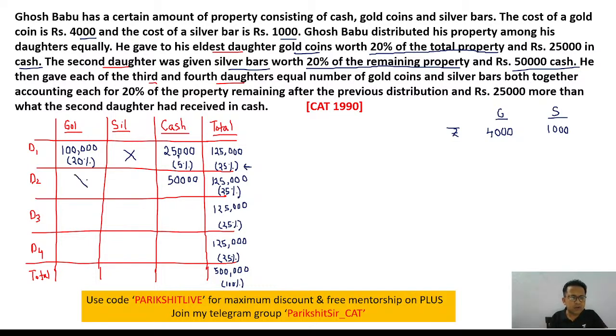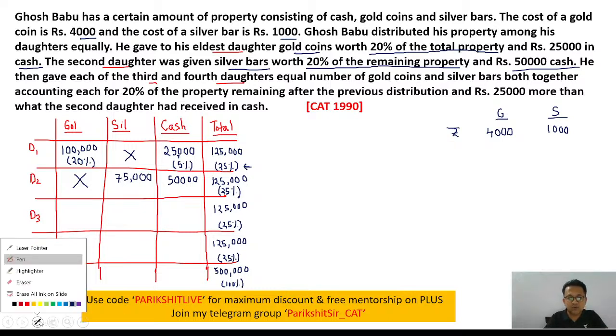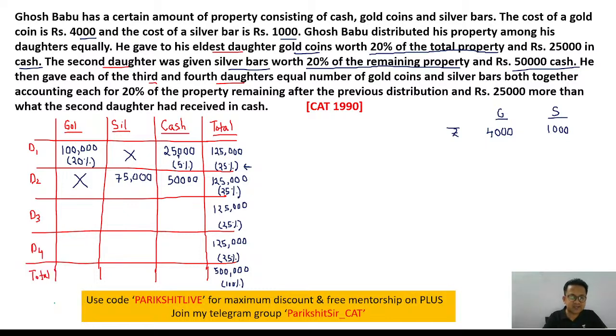So no gold to her, and total she got is 1,25,000. So if 50,000 is cash, 1,25,000 minus 50,000, 75,000 should be silver for her. I think we have filled up daughter 1 and daughter 2 very nicely. I think it's easy, and I don't think you should have a doubt at this stage.